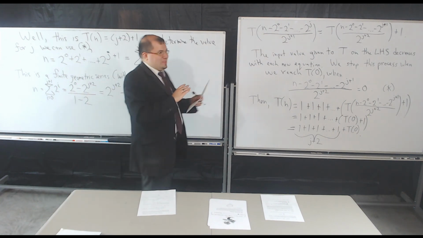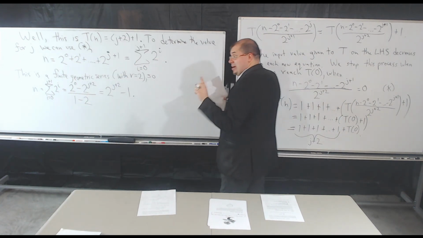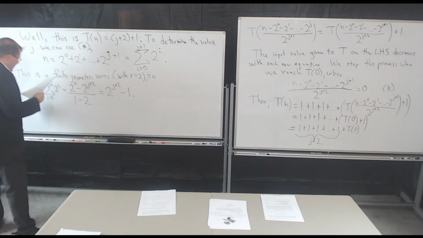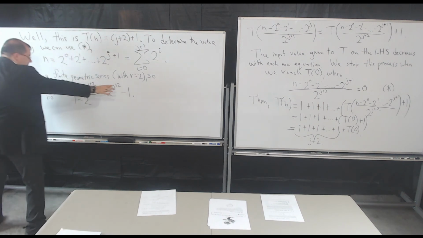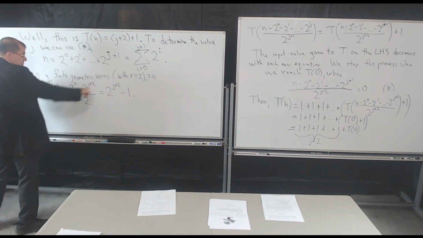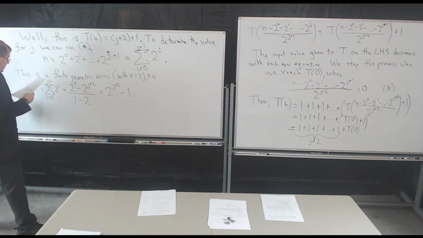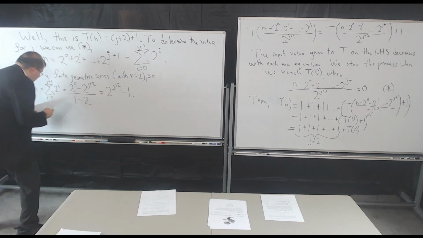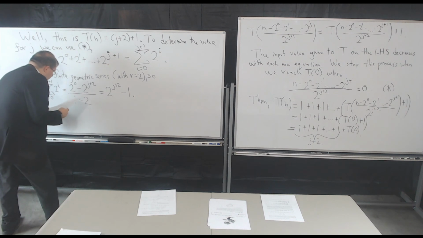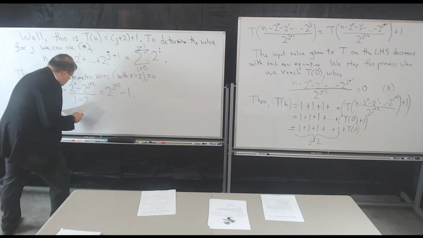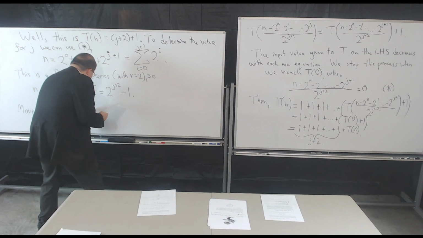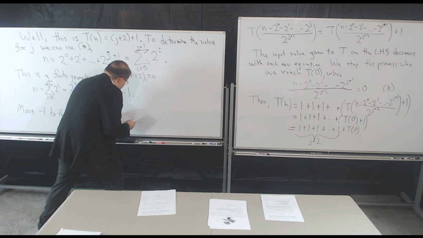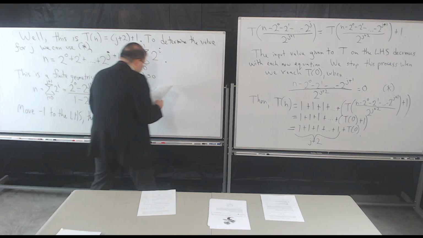Now this is where the magic happens. This is not the dreaded M word. This is truly a beautiful thing. So what I'm going to do now is, now I have this and that. So I have n related to j. So what I'm going to do is move the minus 1 to the left-hand side, then apply logarithms to both sides.